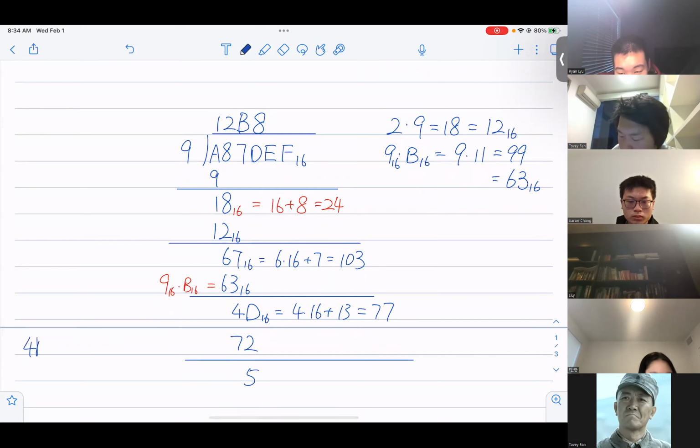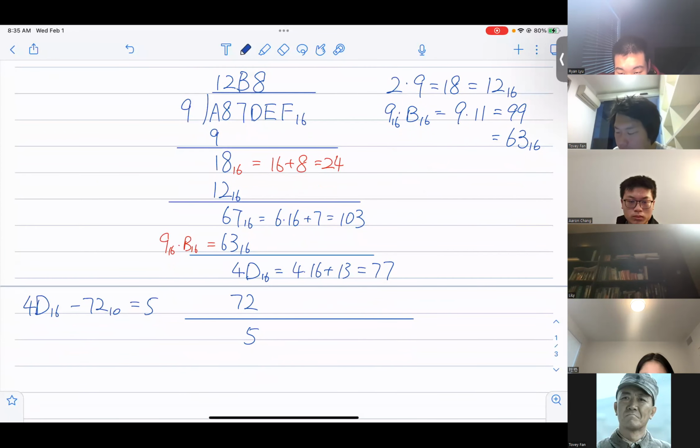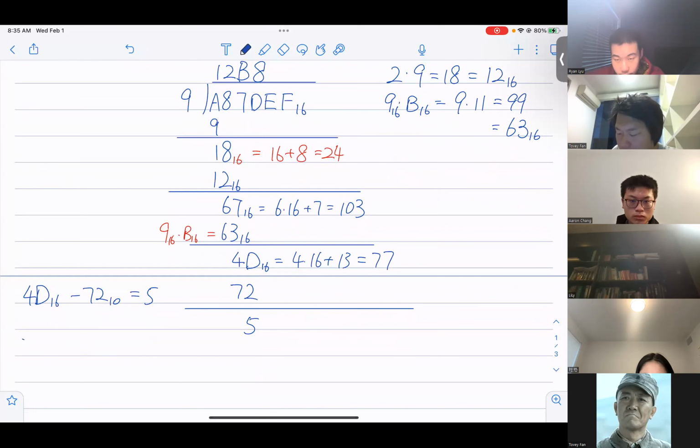In other words, 4D in base 16 minus 72 in base 10, and that's going to be 5. So you don't have to convert this back to base 16. But even if you do, you still get 5.